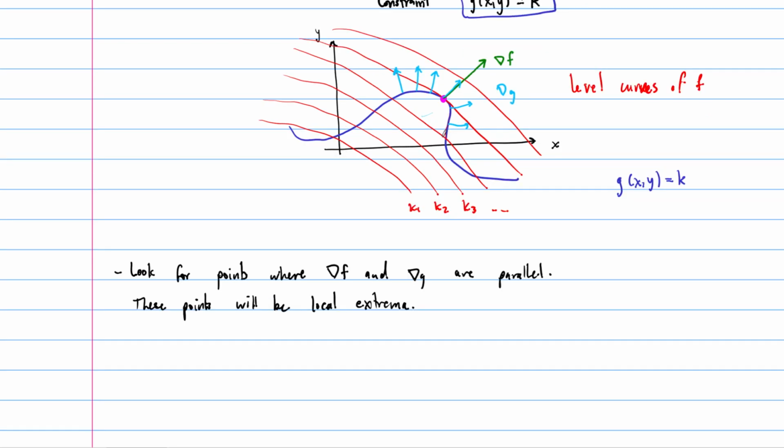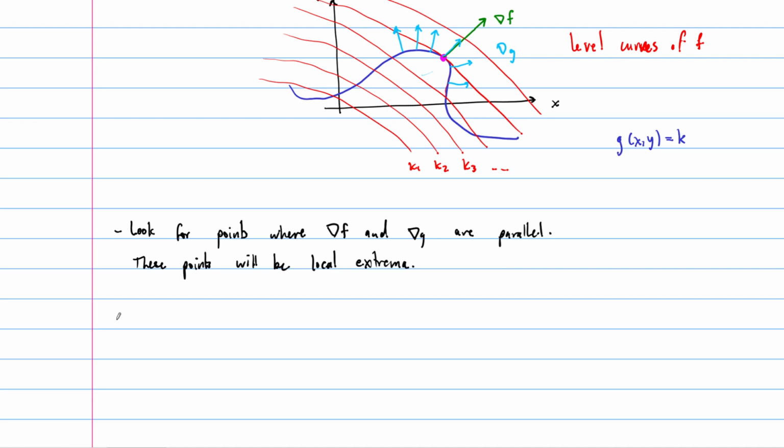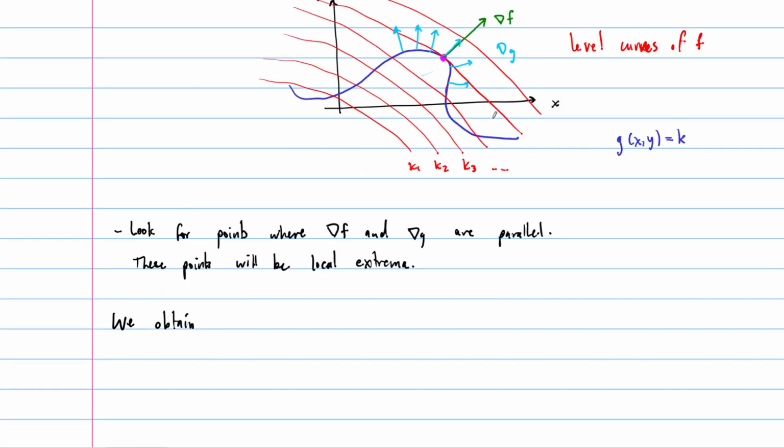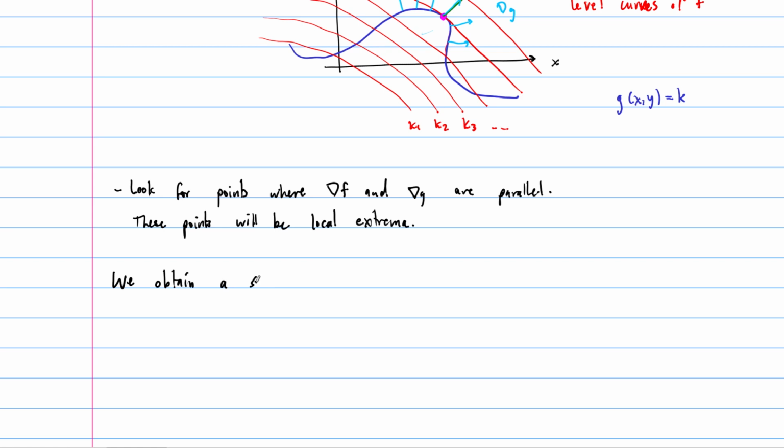So what does it mean to be parallel, right? So we're going to solve now. And this is the two-dimensional version, but you can extend this to 3, 4, however many dimensions. But in 2 dimensions, we obtain a system of equations.